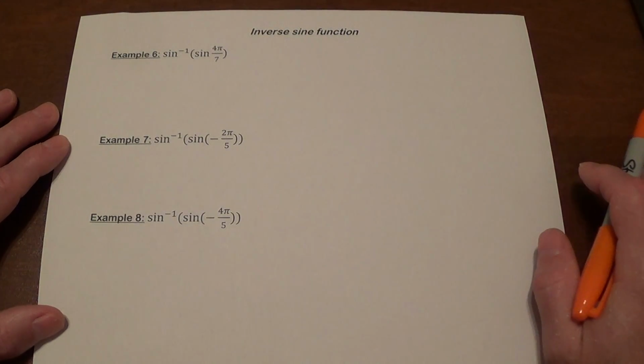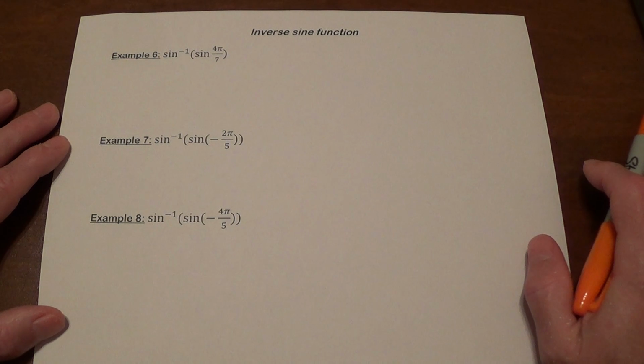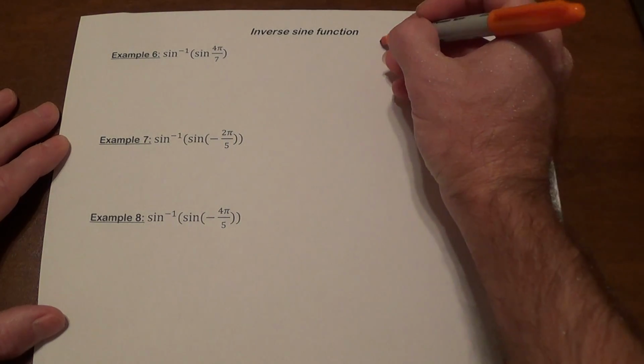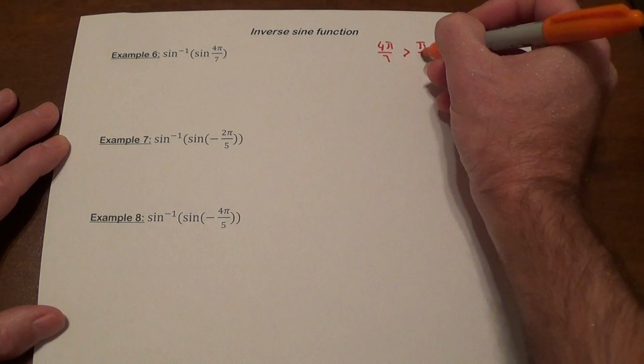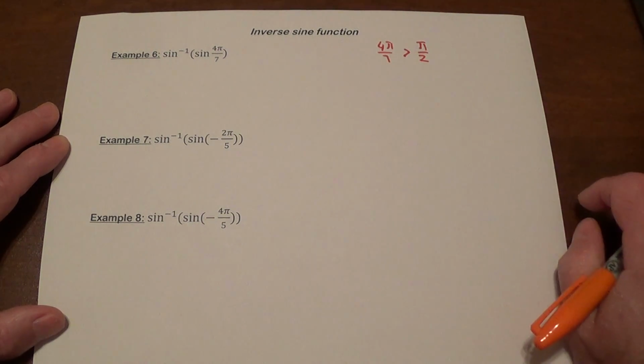If you look at example 6, you may want to think that the angle is going to be 4 pi over 7, but that's not the case, because 4 pi over 7 is greater than pi over 2, because it's more than half of pi. And that's not going to work, because our value must fall on the interval from negative pi over 2 to positive pi over 2.